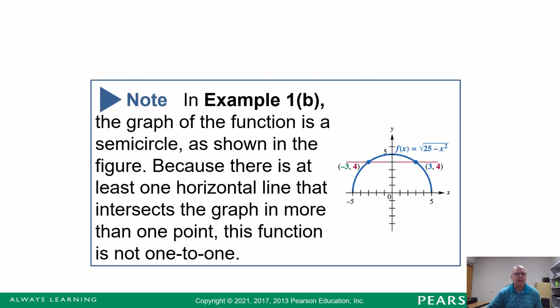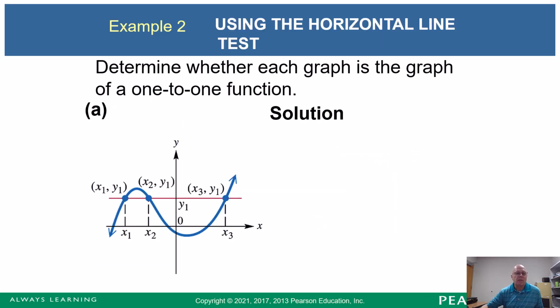Next, you can see we've got a semicircle in this one we were just talking about. This function is not one-to-one because this line tells us it crosses the function at 2 places using one horizontal line, so it's not one-to-one.